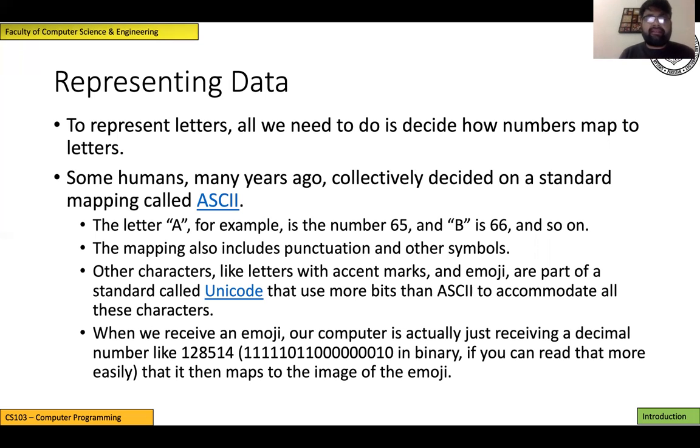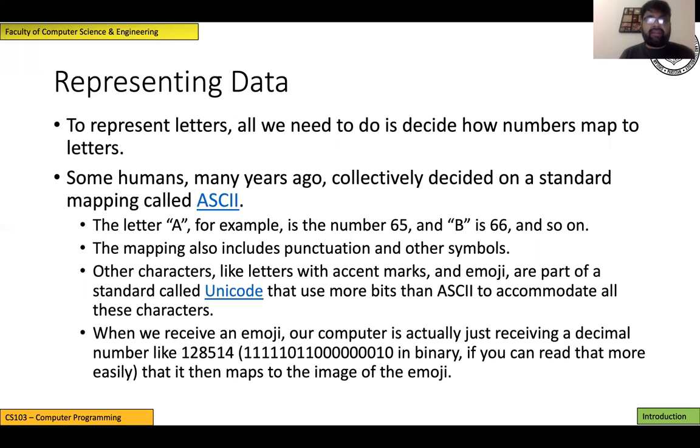Similarly, other characters that cannot be mapped through ASCII are part of what we call Unicode. Unicode uses more bits than ASCII to accommodate all these other characters. Letters that have accent marks, and emoticons, etc., are part of Unicode but not part of ASCII.